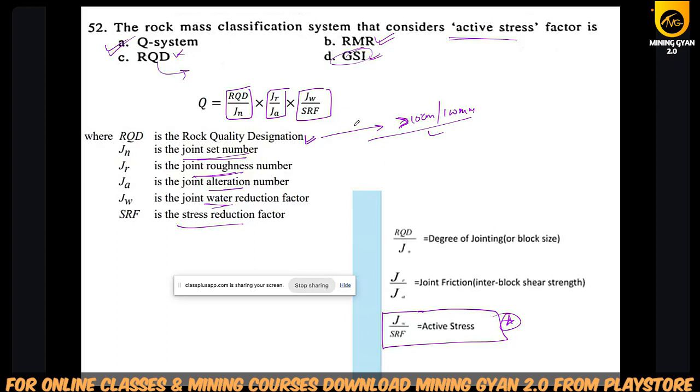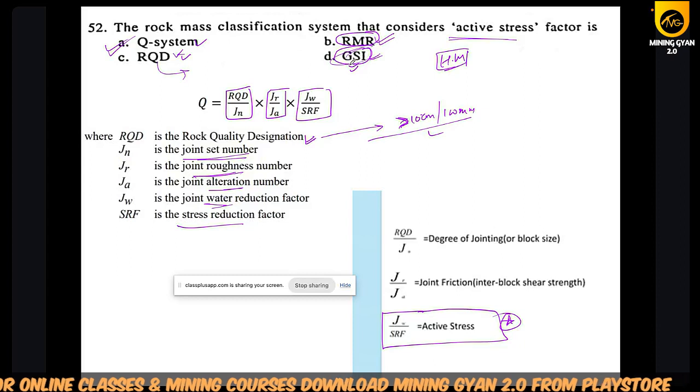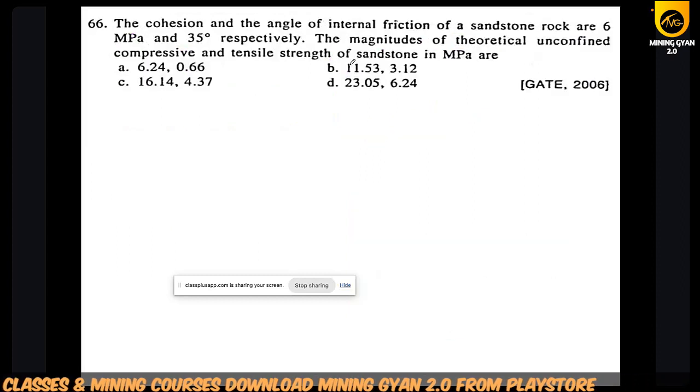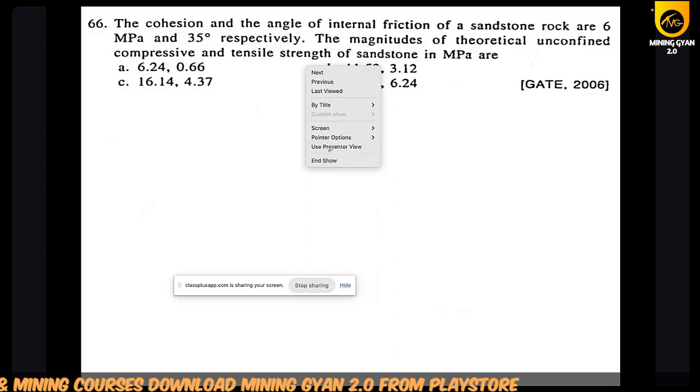So this is your homework for today. Go and check the Q system RQD formula. I told you to go and write down the RMR formula and what is the GSI. You have to search, and if there is any formula in these two methods, write it down on that paper. Question number 66.